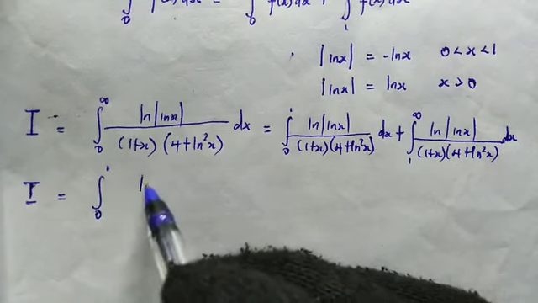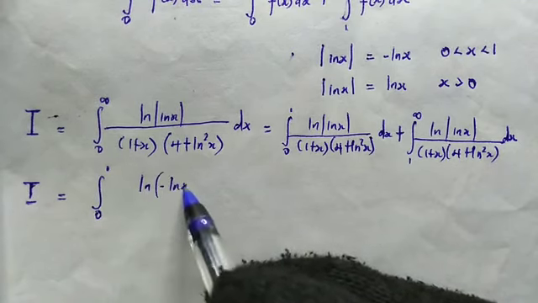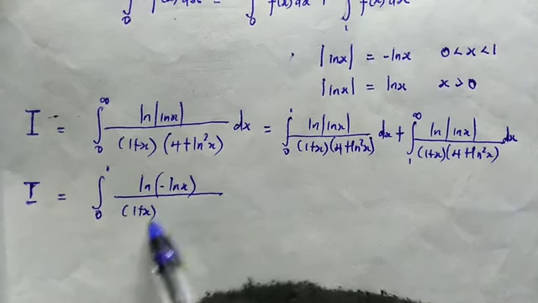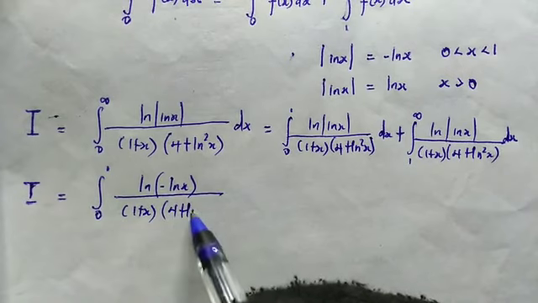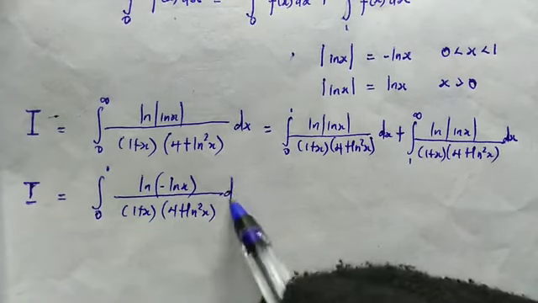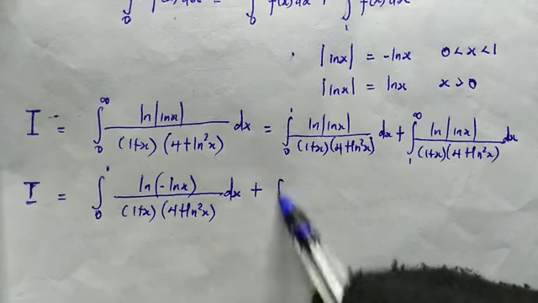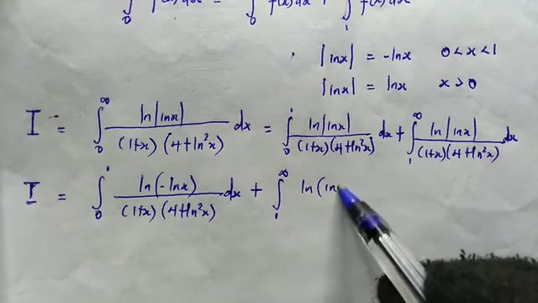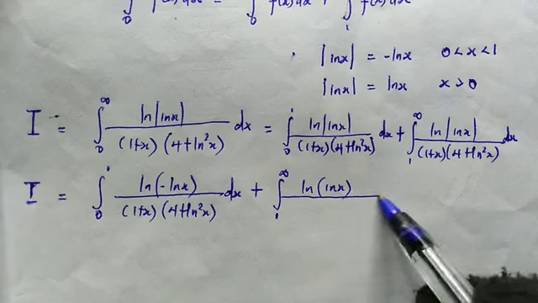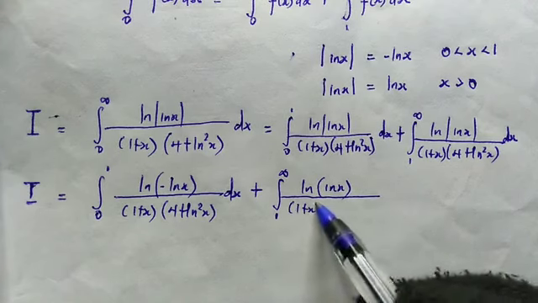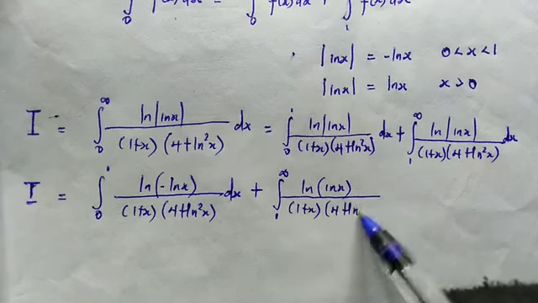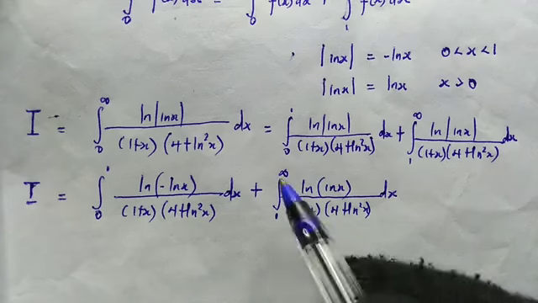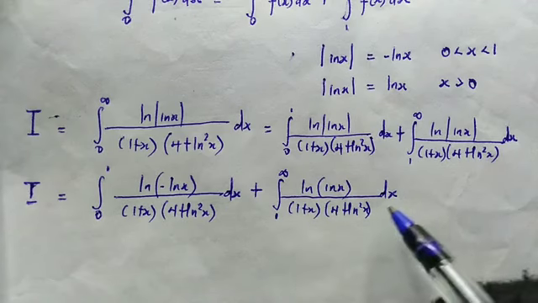So we have the natural log of the negative natural log of x all over (1 plus x) times (4 plus the natural log of x squared) dx, then plus the integral from 1 to infinity of the natural log of x. This will become positive, right? Then all over (1 plus x) multiplied by (4 plus the natural log of x squared), and here we have the dx. But for this part here, we can make a substitution.